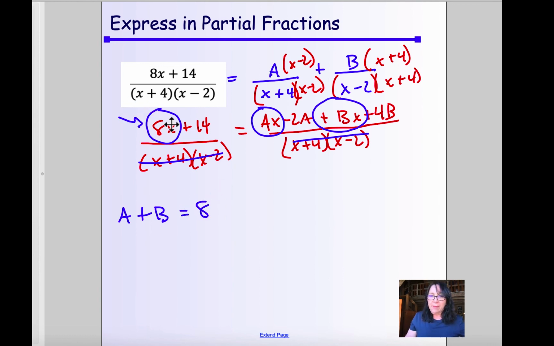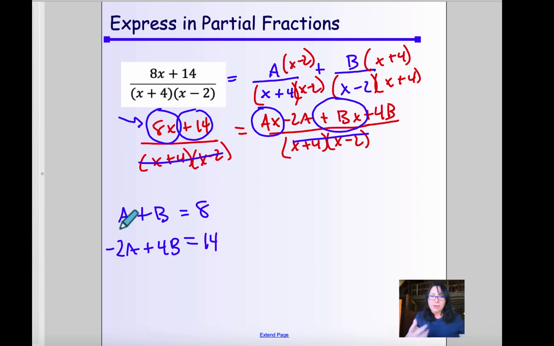See the 14 by itself? That's my 14 here. And then this is going to be negative 2a plus 4b. So a plus b equals 8, and negative 2a plus 4b equals 14.